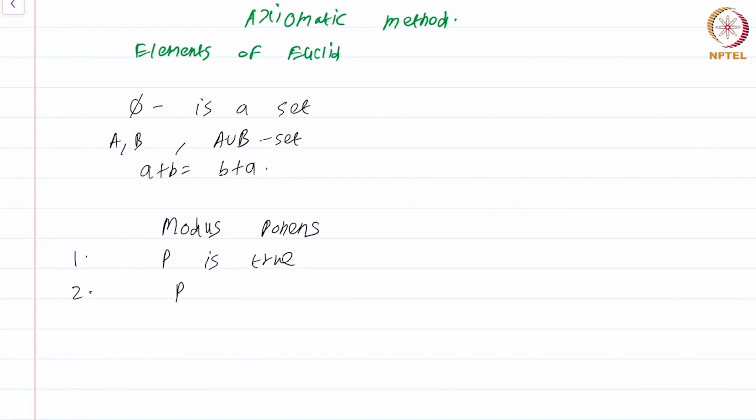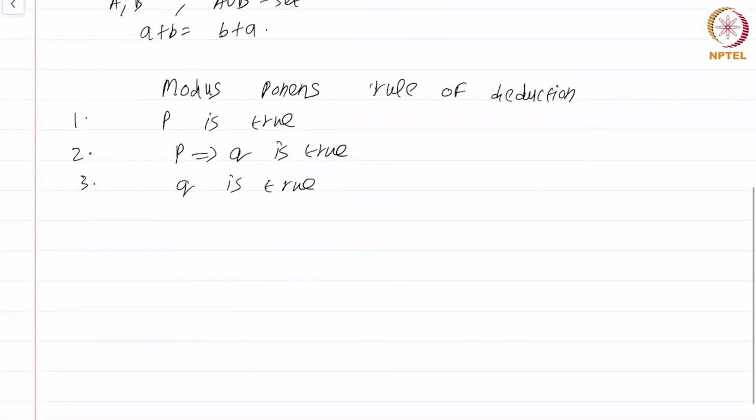Second, suppose you have demonstrated that P implies Q is true. What modus ponens says is that then Q is true. This is called a rule of deduction. If you have demonstrated that P is true and that P implies Q is true, then Q is true. It is famously illustrated in the following way.